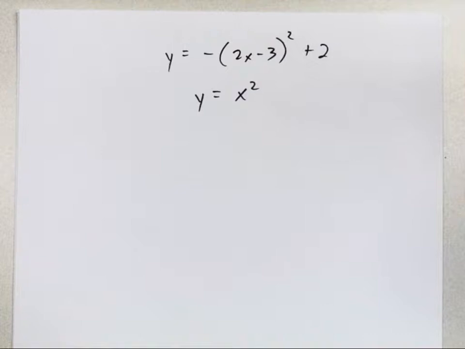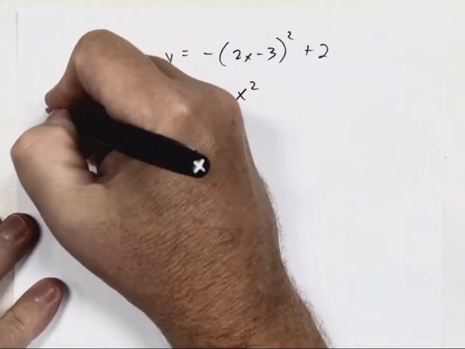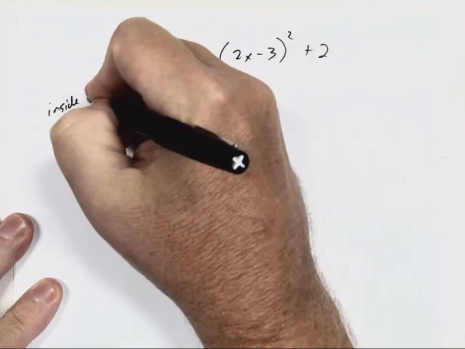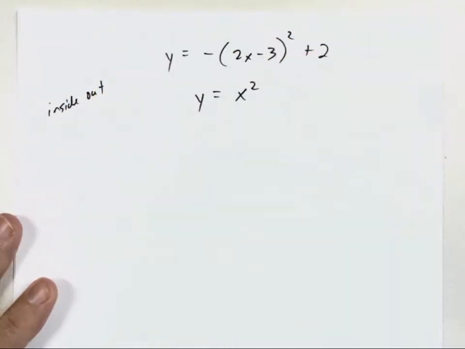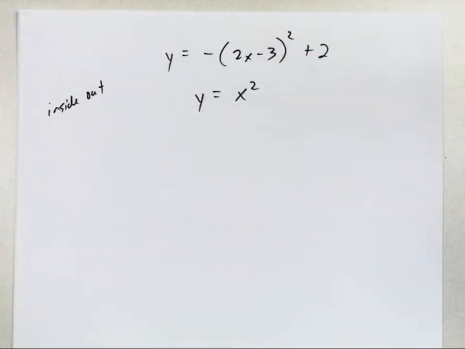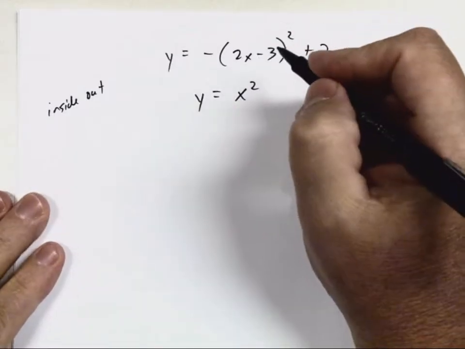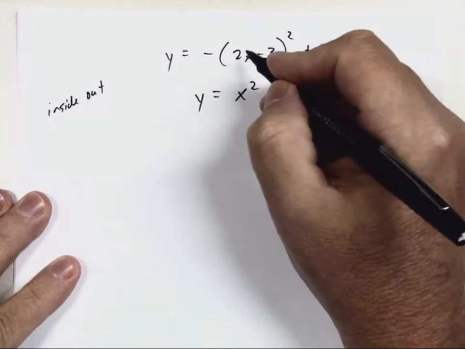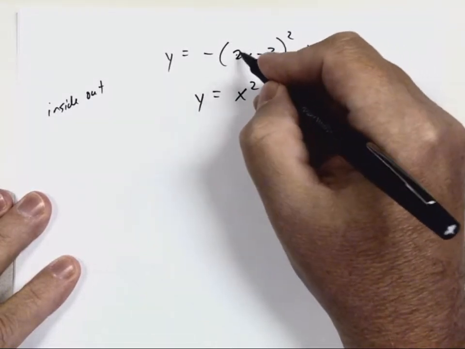And what you do is you work from the inside out. As you start taking the parent function and trying to create your end product, you do it one piece at a time, but you work from the inside out. In other words, first thing I'm going to do is I see I have 2 times x.